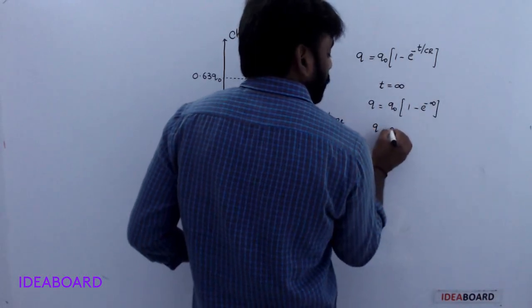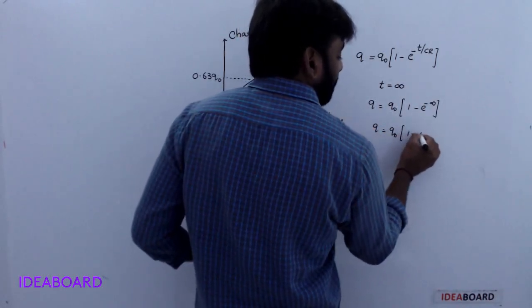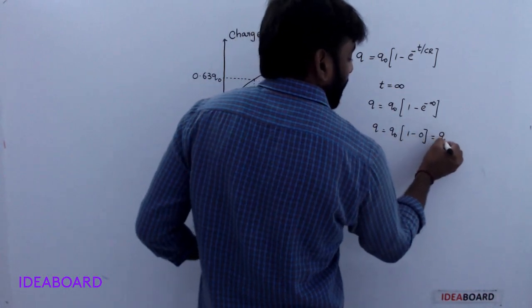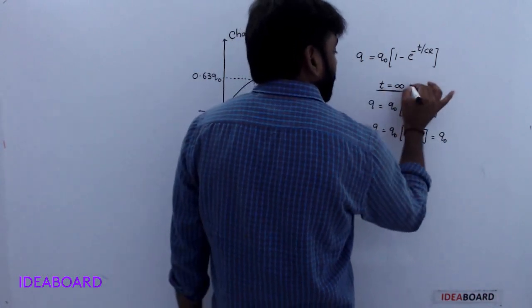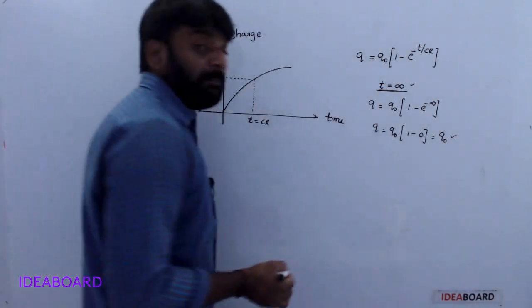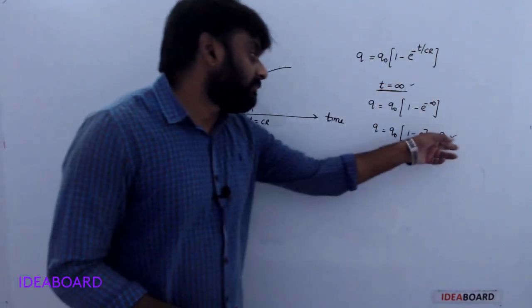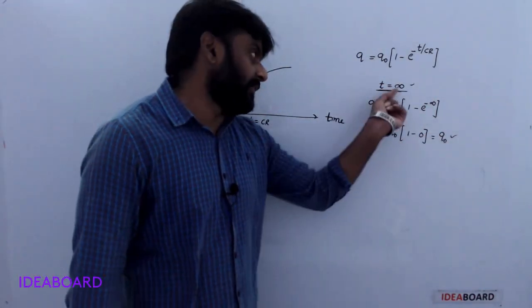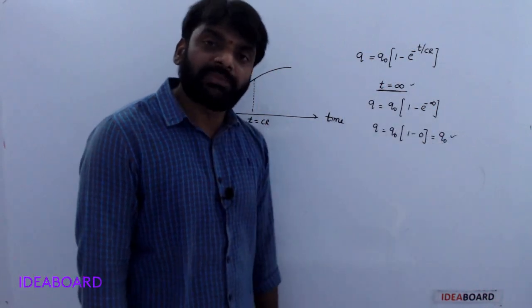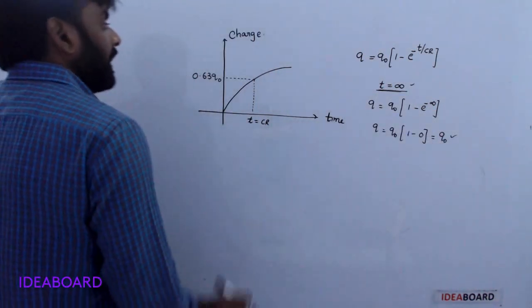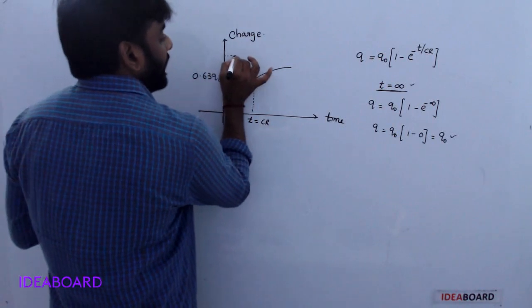So Q is equal to Q naught into 1 minus 0, so Q naught. That means at t equal to infinity, it reaches the maximum charge. Understood?